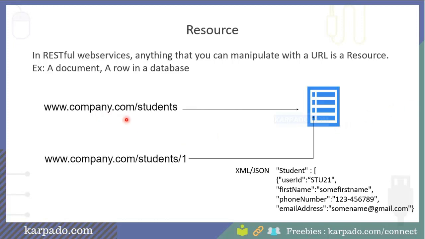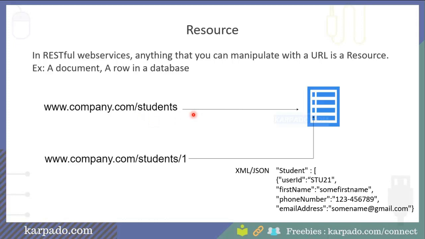Assuming that you have a school management application, for instance, and you'd like to retrieve all the students available in the database, you would use a URL that looks something like this. You'd say whatever the domain is and then /students. This request would land in a controller logic which will have a URL mapping that maps to this URL pattern, and it would delegate that call to business logic.